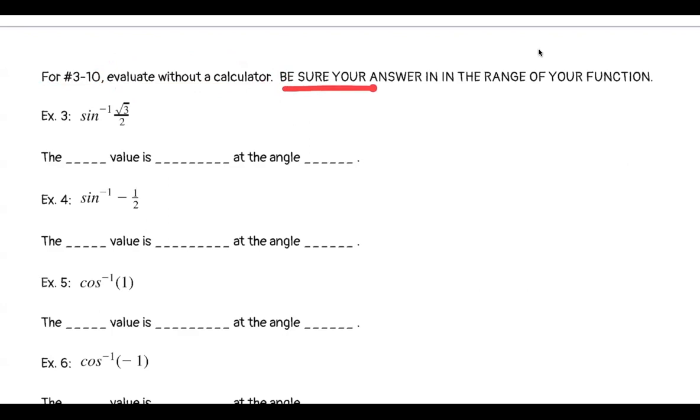One note, be sure that your answer is in the range of your function, right? Earlier before break, we talked about the range of different functions. I want to go back up real quick and take a look at those so we can note them down before we continue on the practice problems, okay?